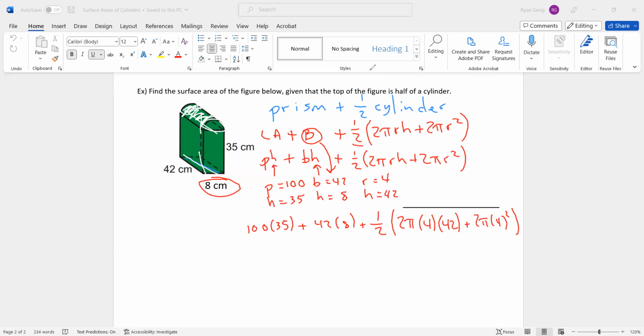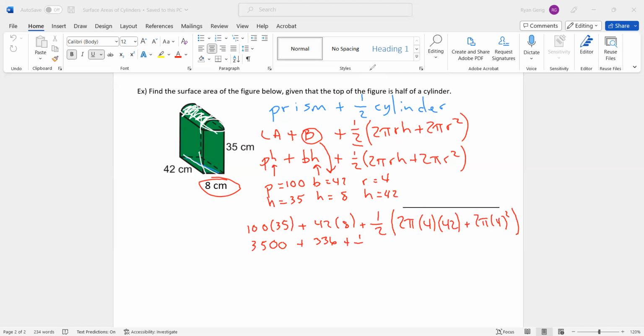You will be expected to do this. So if you need to rewind a little bit and follow along, do it. Okay. 100 times 35 is 3,500. 42 times 8 is 336.